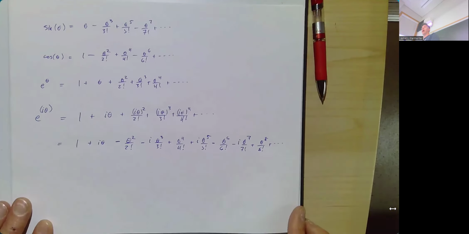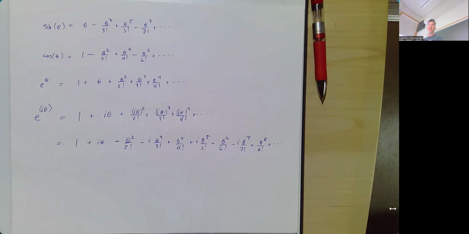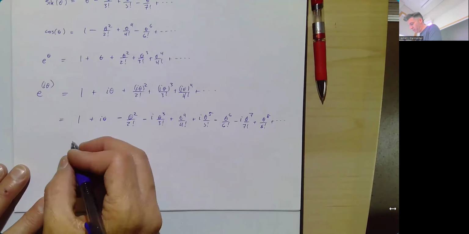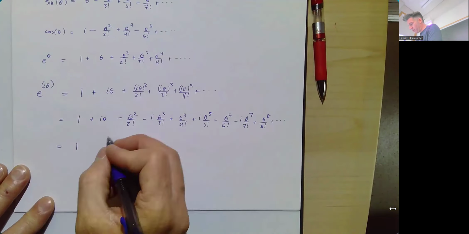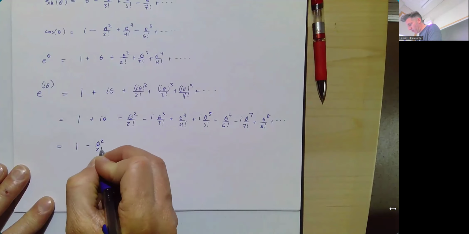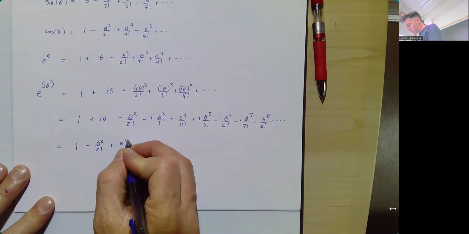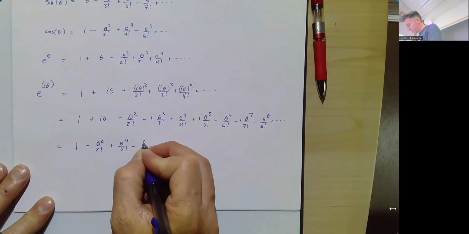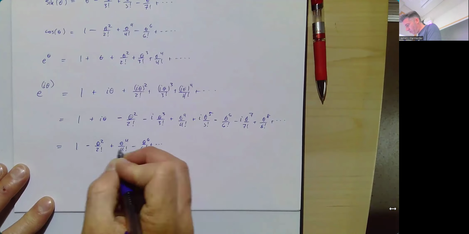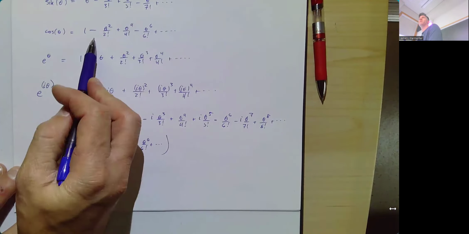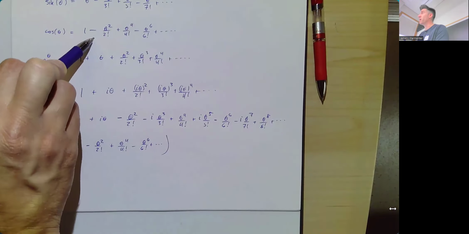And then if I group the i terms together and the not i terms together, look what I get. So the not i terms: 1 minus theta squared over 2 factorial plus theta to the 4th over 4 factorial minus theta to the 6th over 6 factorial. Oh, geez, that looks like cosine. It is cosine.